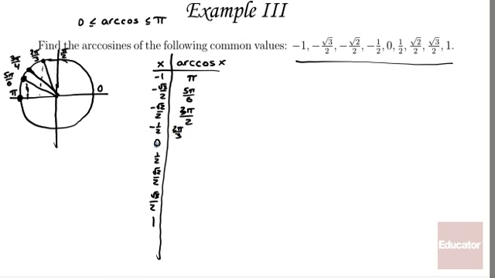What angle has cosine 0? That means what angle has x coordinate 0? That's pi over 2. What angle has cosine 1/2? Again, a 30, 60, 90 triangle, so that must be pi over 3.